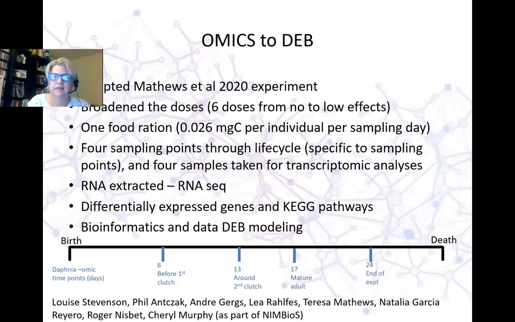We learned a lot in the Matthews experiment, so they adapted it by broadening the doses. They used 6 doses from no to low effects, looked at 1 food ration only, and took 4 sampling points through the life cycle: day 6, 13, 17, and 24.